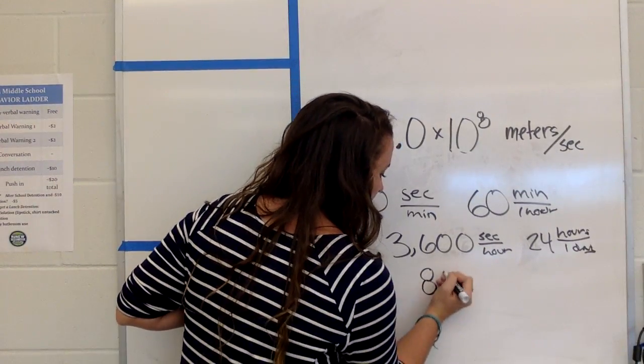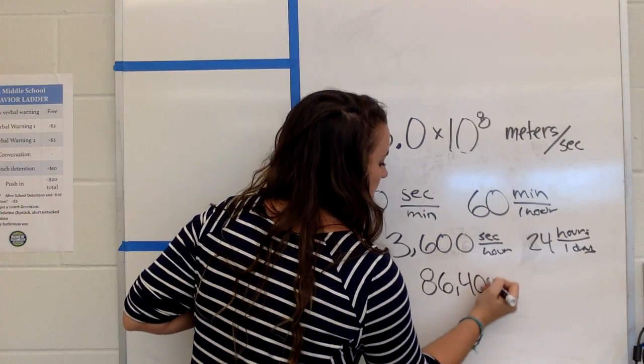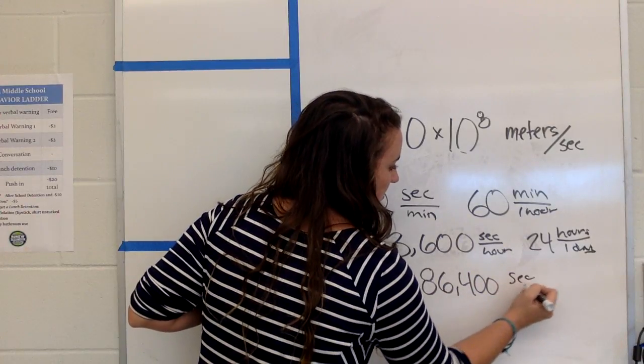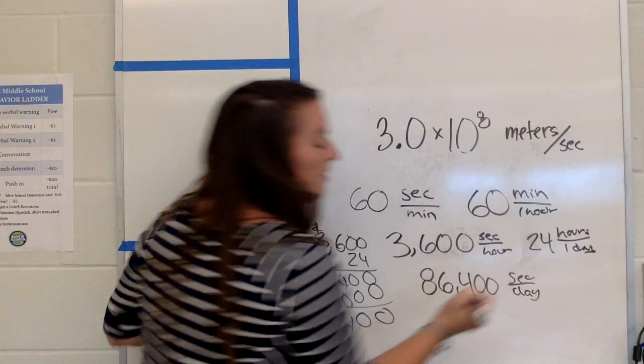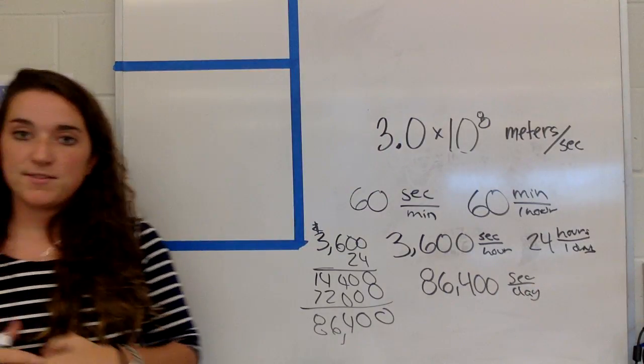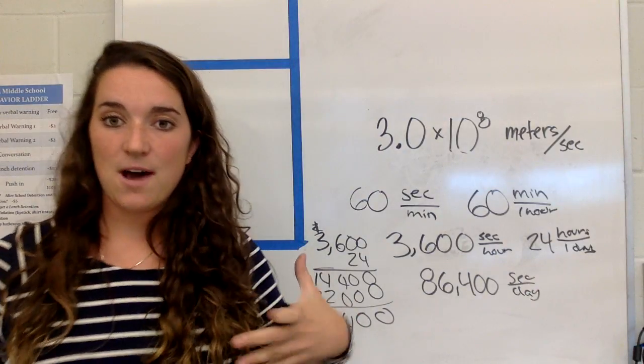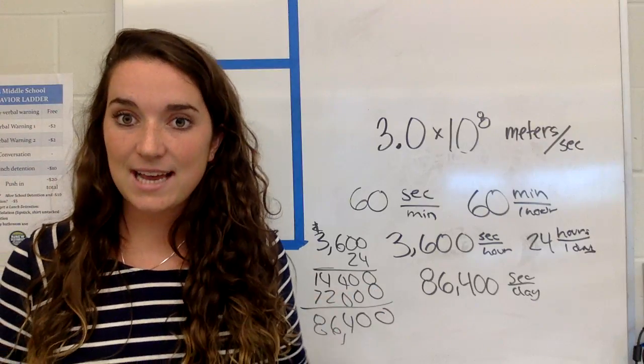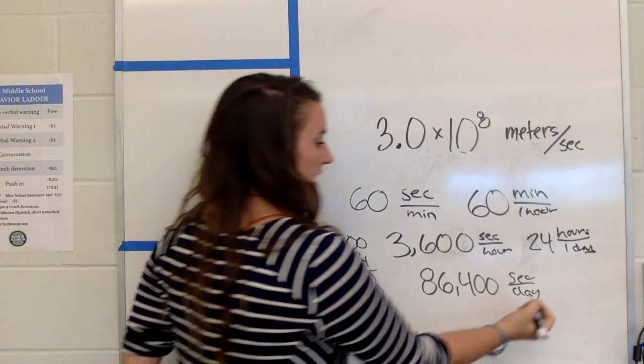So 86,400 seconds per day. But I'm still trying to find the number of seconds in a week, so I need to take that one step further. How many days are in a week? Right, I have 7.